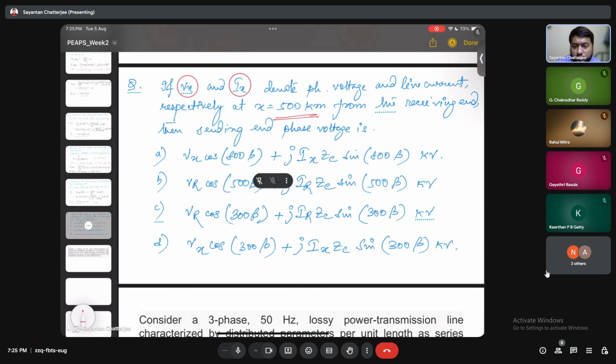I hope this question is clear. So we need to find the expression of the sending end phase voltage.